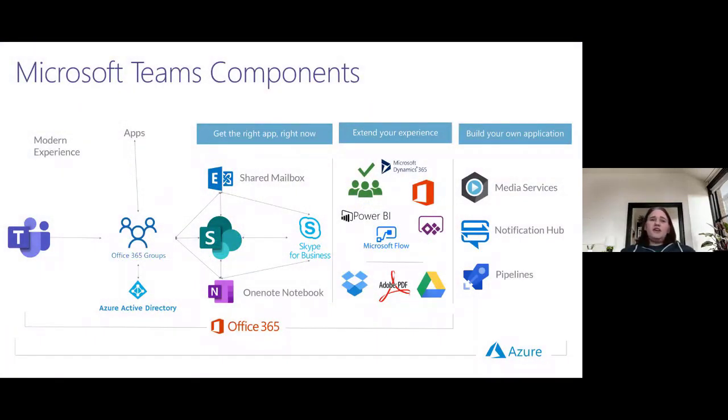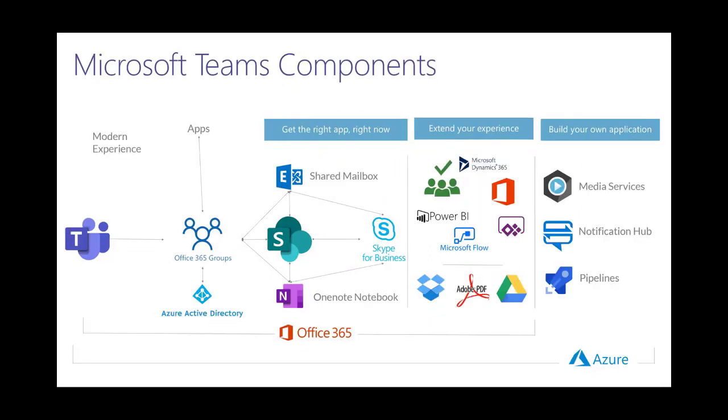First, we need to understand how everything is really connected here, right? So we mentioned the Office 365 groups are the backend catalyst that keeps everything together. These groups are given permissions through Azure Active Directory. So you're using Azure Active Directory for all your permissions, your big security groups, everything through that area.